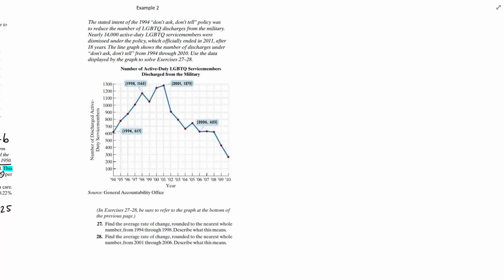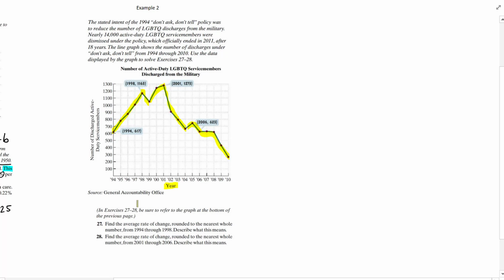Use the data displayed by the graph to solve exercises 27 through 28. So we can just take a look at the graph, right? The number of discharges increases, and then it decreased between 98 and 99, and then it increased again between 99 and 2001, and then it started decreasing, increased a little bit, and then it started decreasing, right?